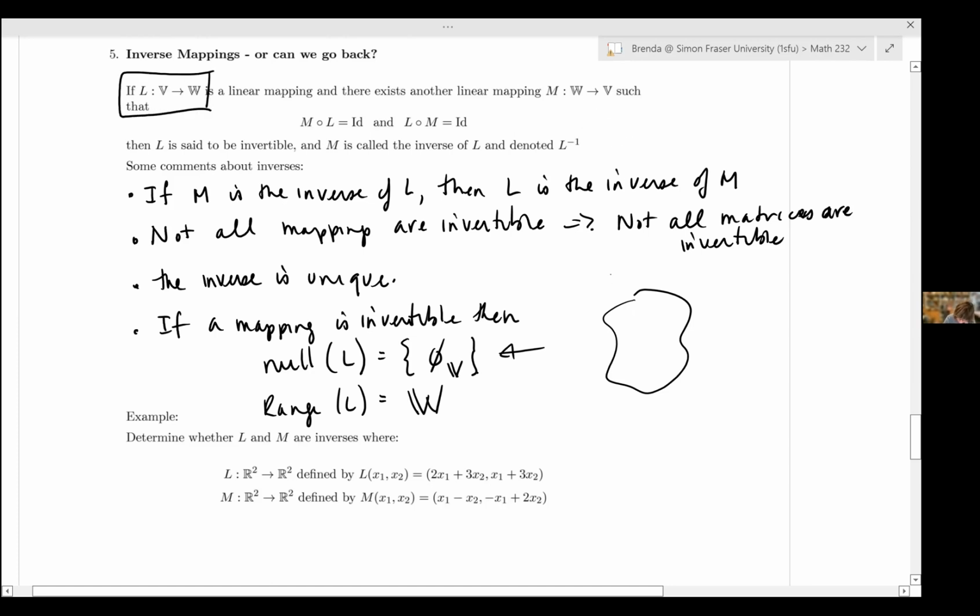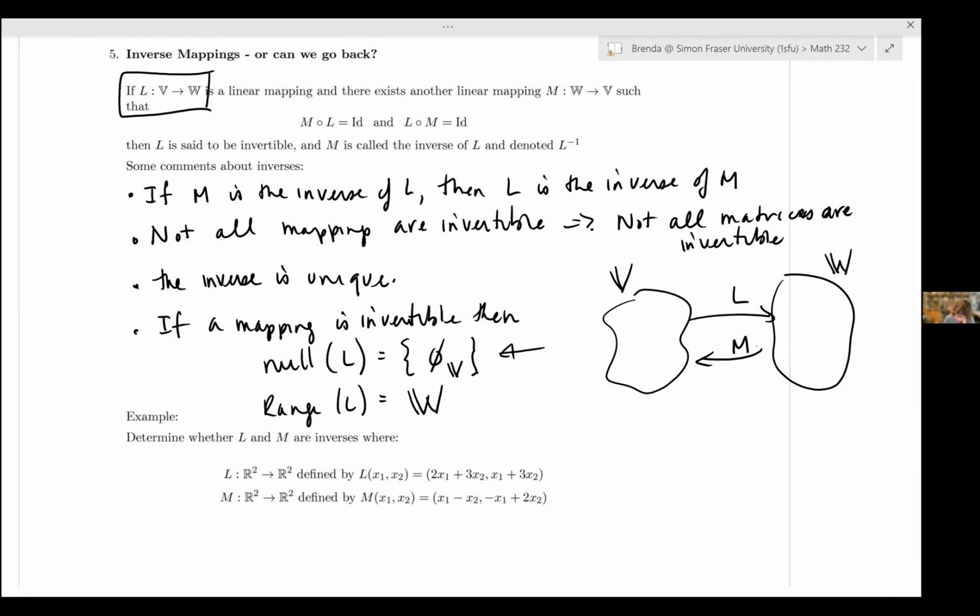We're going from V, and we are moving over here to W. We're mapping from V to W. That's L. Okay, M is the one that's coming back. I just want to make this point. If we can come back, and that's a big if, this was previously known as M, but M is then denoted to be the inverse, if we can come back, with this notation.